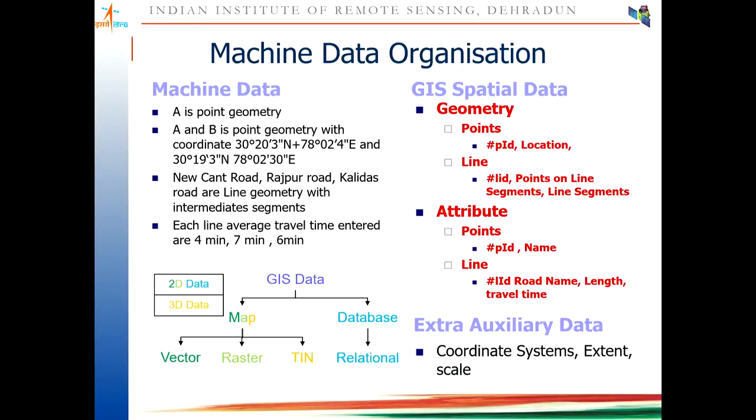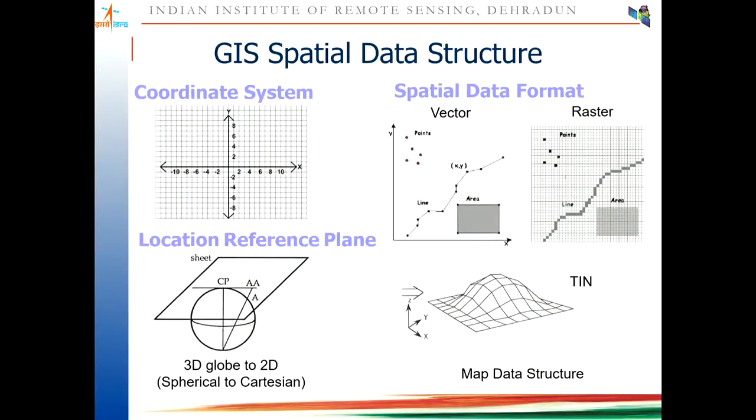Then we also need scale information, where we can do representations and so on. These are the auxiliary information which should be present in a GIS dataset, so that whenever any analysis is carried out, it gets an appropriate representation while doing the analysis.